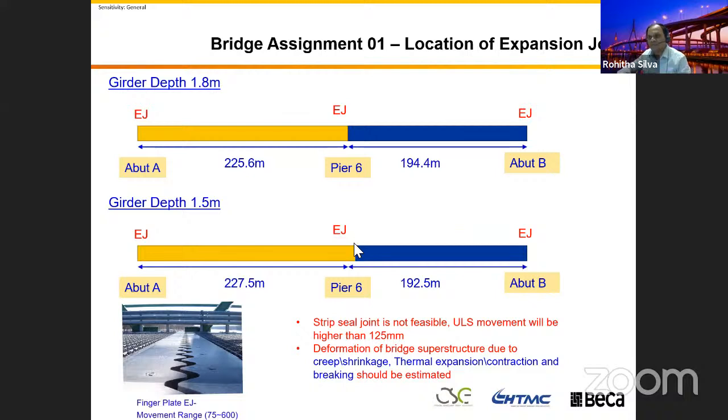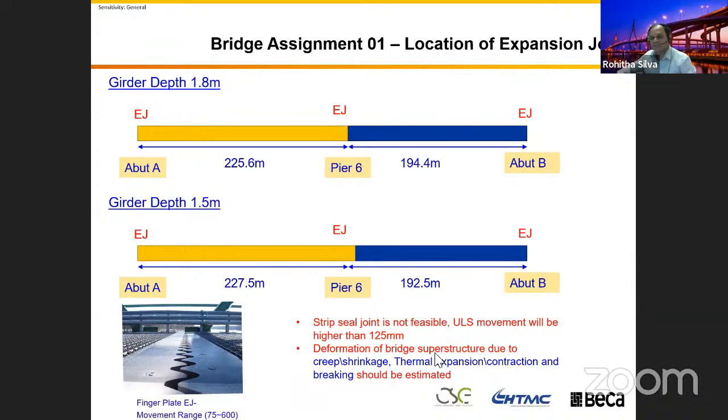So for your creep shrinkage, the date you are calculating, 1.5 years after you loaded the deck, or 1 year or 6 months at least, from the 6 months to 30 years. So that makes a significant difference in your residual creep and shrinkage value.